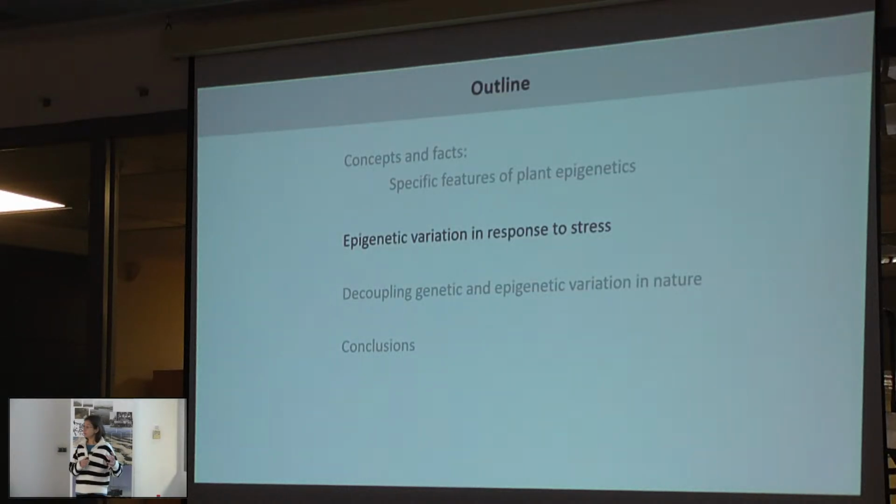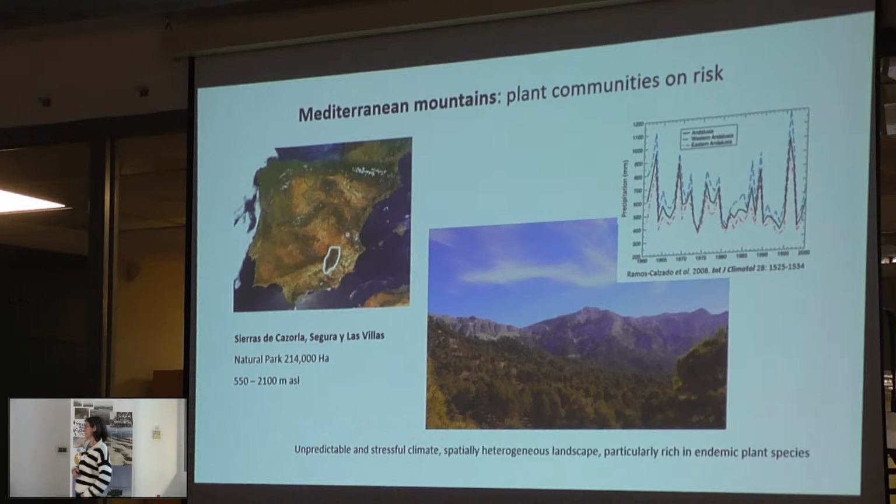Okay, so we move from the introduction to the first part of the experimental results that I will show you. This is my favorite study area, Cazorla Mountains in Jaén province. It's a mountainous area, as I said, with a heterogeneous landscape, particularly rich in endemic plant species.